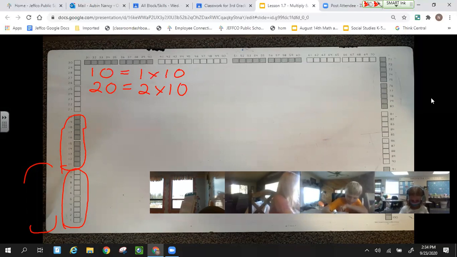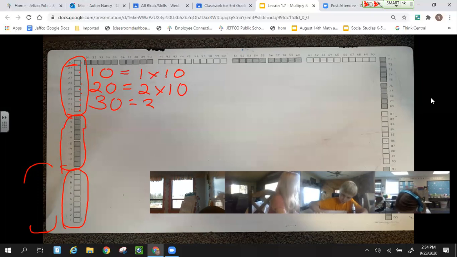All right, let's keep going. The next group of 10 is 1, 2, 3, 4, 5, 6, 7, 8, 9, 10, and I land on 30, which is 3 groups of 10. Now the numbers are the right way. You see how she circled it? Like how you guys are writing so neat. Some of you are going ahead.